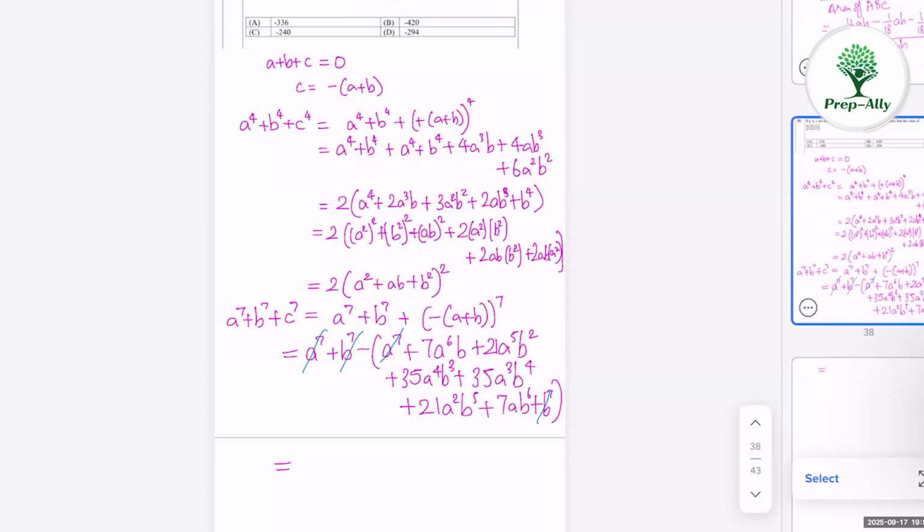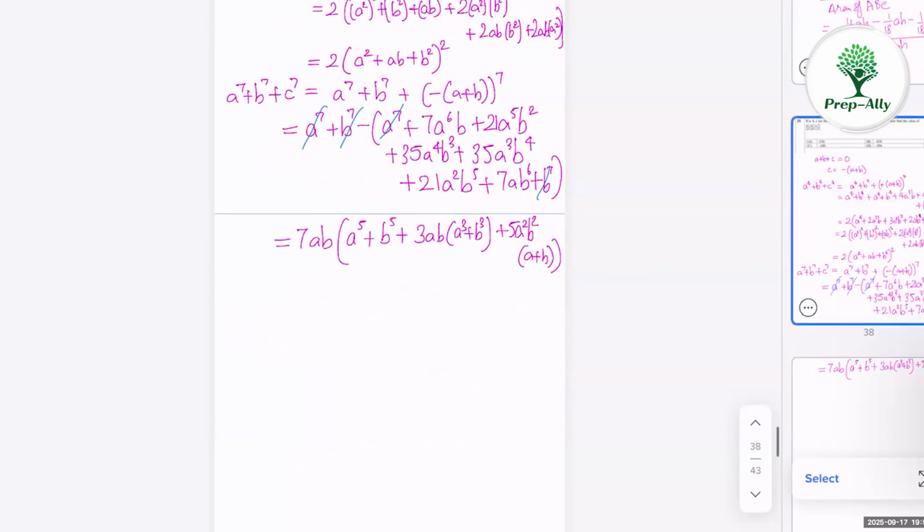right? And we can take the 7ab outside, right? All the terms have a 7ab. So we can take 7ab common and write a power 5 plus b power 5 plus 3 times ab into a cube plus b cube plus 5a square b square into a plus b, right?